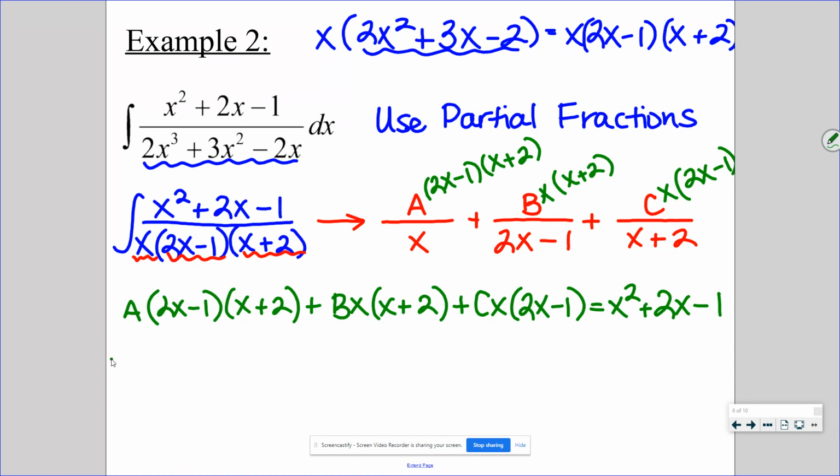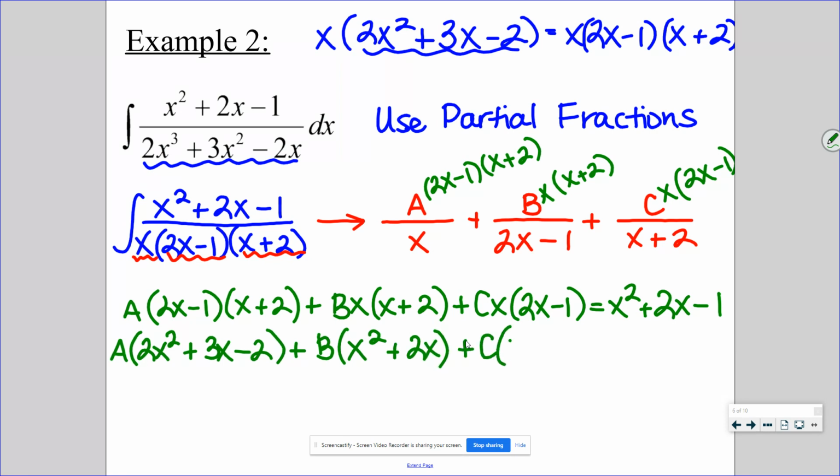So you can pause the video and try this on your own if you would like, but I am just simply doing algebra right now. So I'm multiplying all this stuff out. And I'm going to actually keep the x's away from the A, B, C for the moment and just focus on multiplying everything through. Be very careful with negatives.